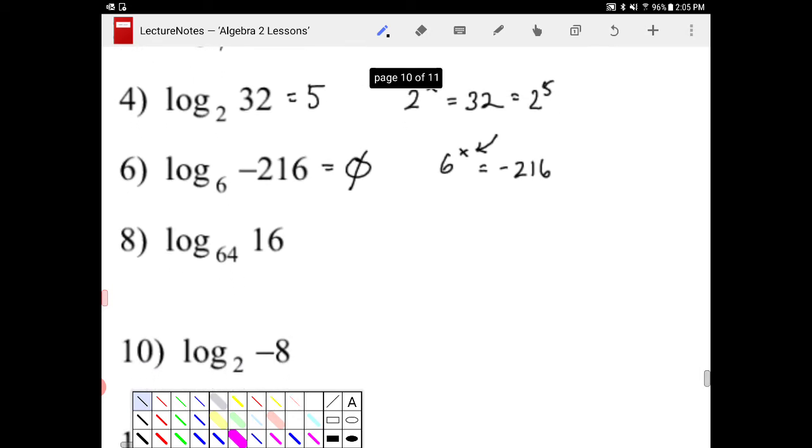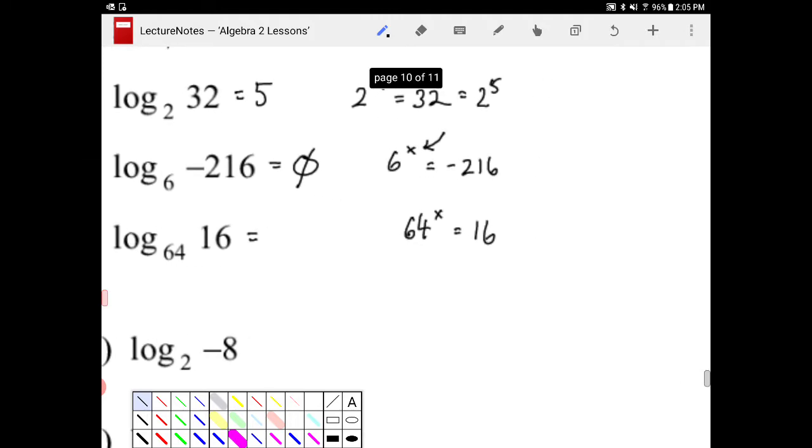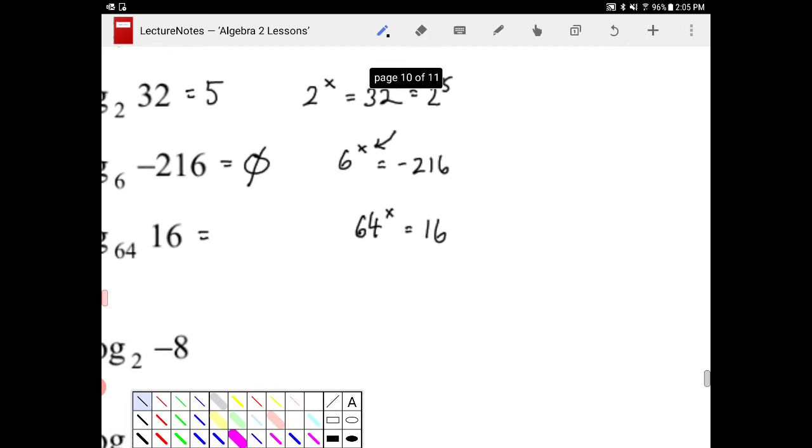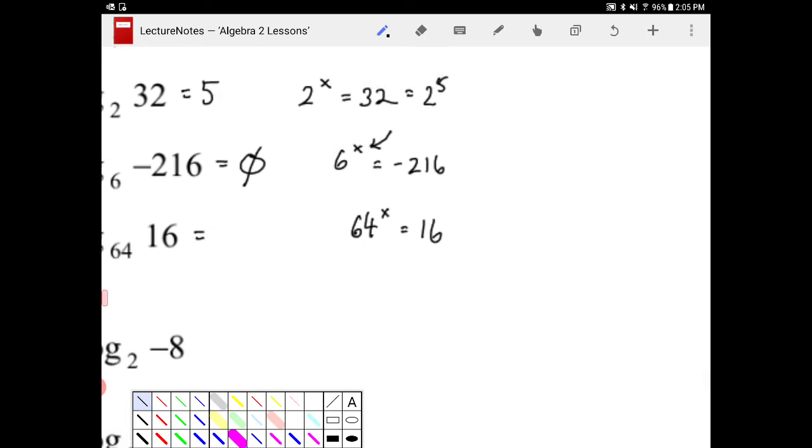Let's take a look at the next one. So again, I'm trying to solve for what this is equal to. Let's call that x. This is the same thing as 64 to the x is equal to 16. In order for me to solve this by hand, I need to convert this so that it has the same base, right? So 64 is really 4 to the third, and 16 is 4 squared.